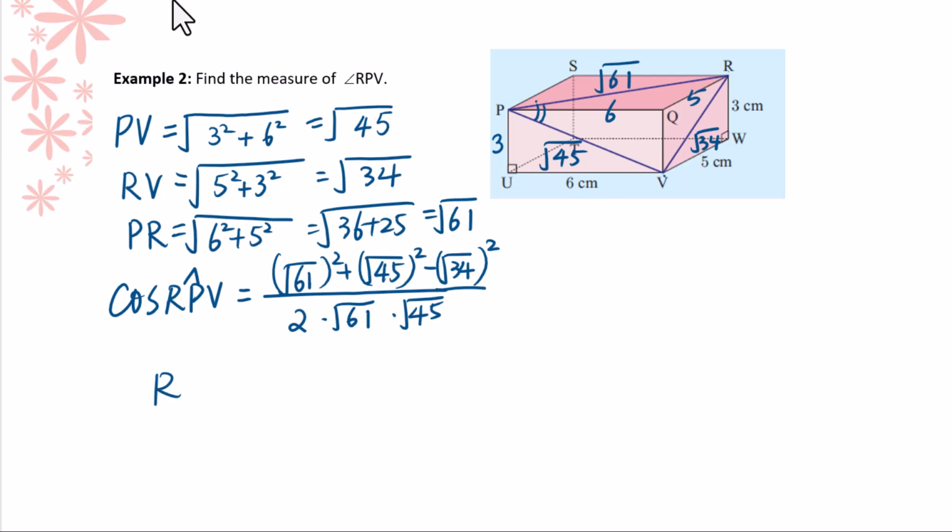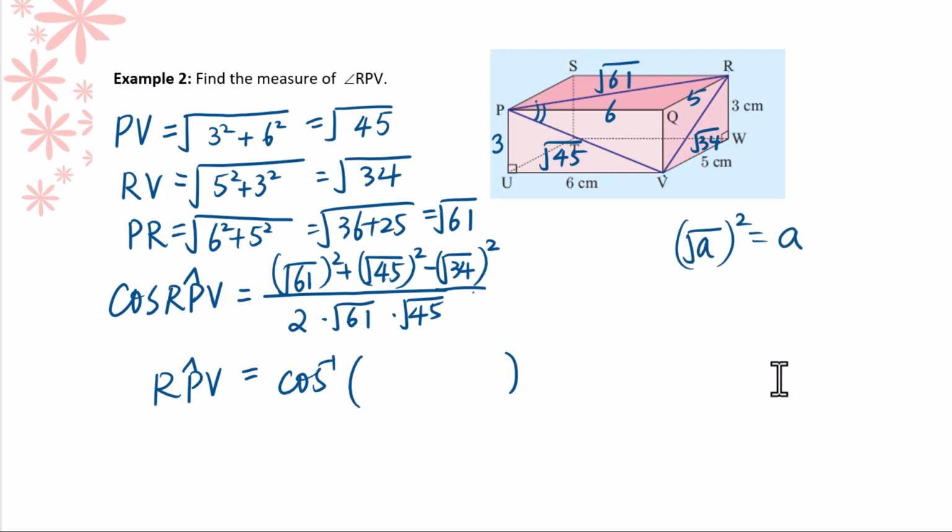Then RPV equals the inverse cosine of this. We know the square root of a squared equals a. Basically, for the top, I can do 61 plus 45 minus 34, all over 2 times the square root of 61 times the square root of 45.